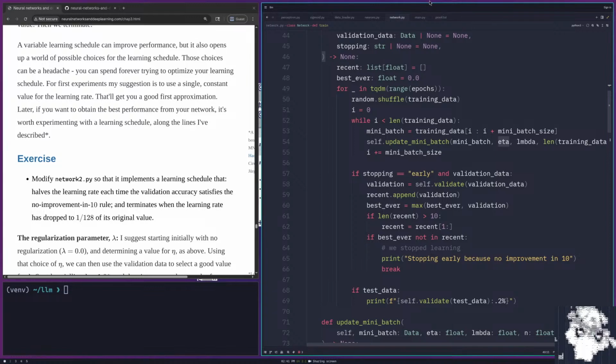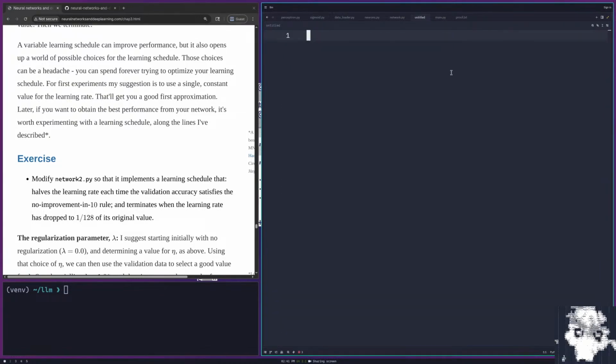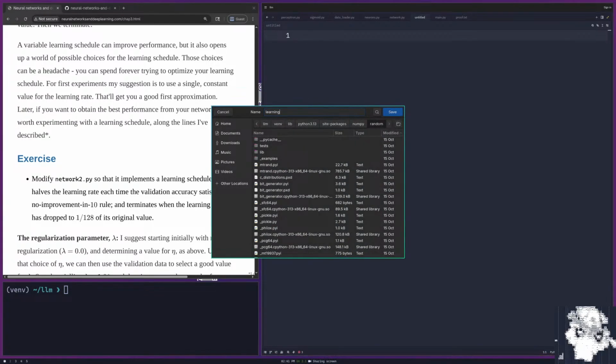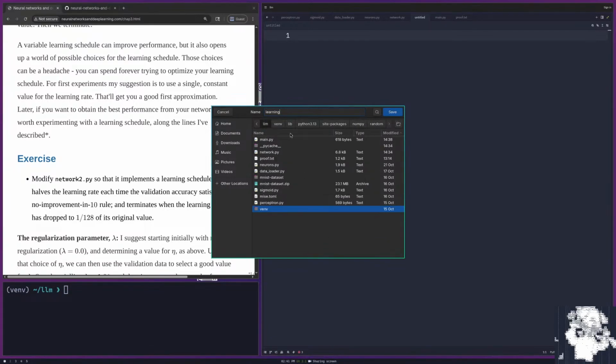So basically, I'd have to add something like learning schedule. Hold on. This is obviously not where I want to save this. Learning.py or schedule.py.